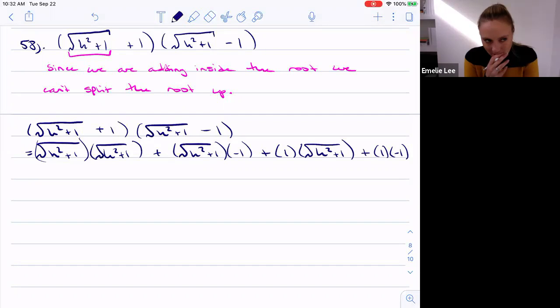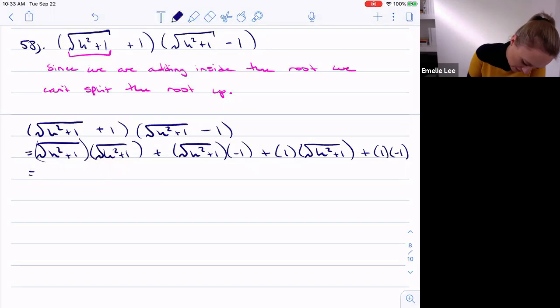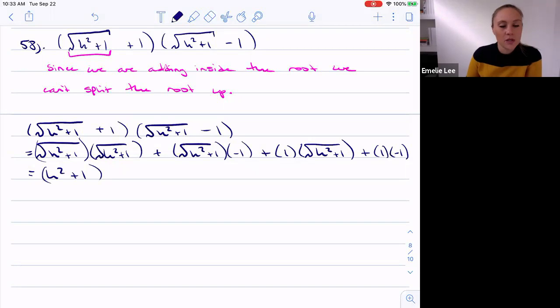What's nice here is that I've got the square root times another square root with the exact same thing inside. So we know that this can just be written as h squared plus 1. The root of x times the root of x is just x. This is the same thing, so this equals h squared plus 1. And I'll put brackets around it just to show that it's the first item.